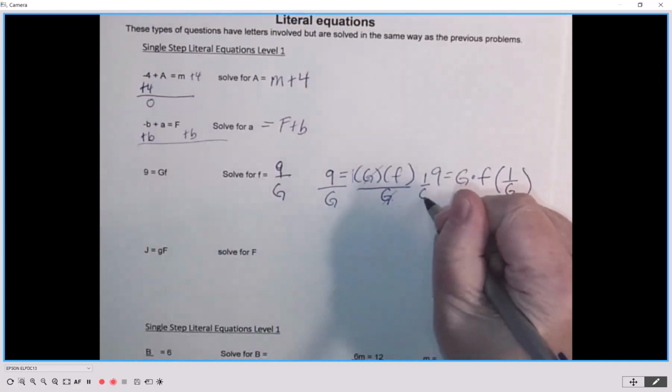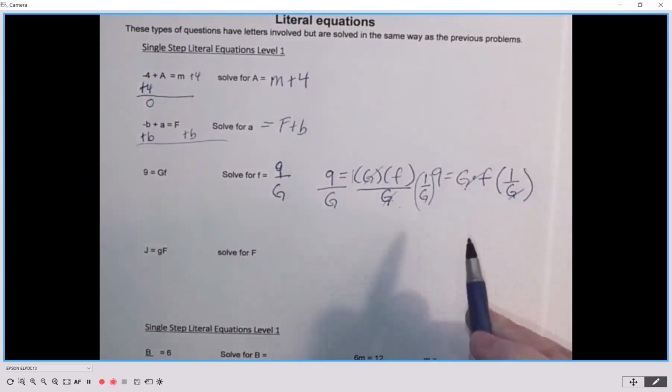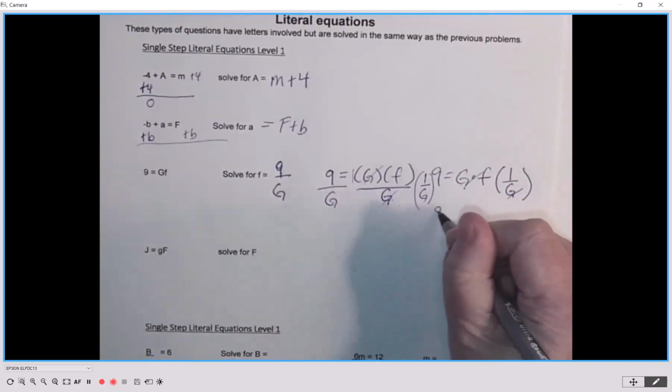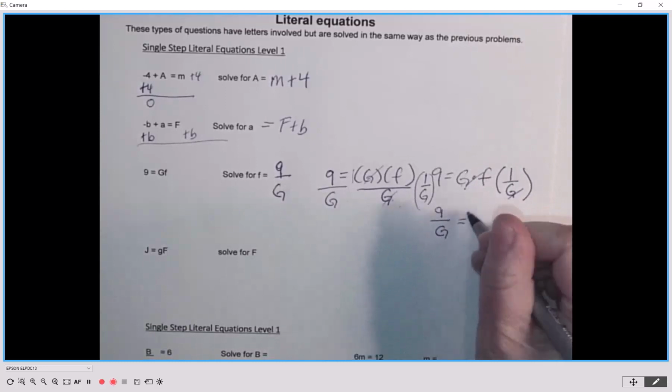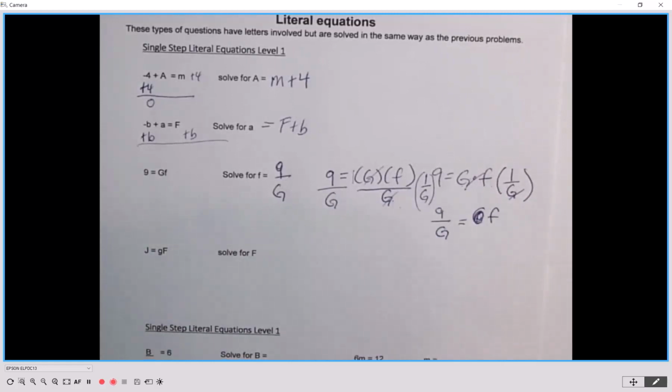So I do the same to this side, 1 over g. And then those g's cancel out. 9 times 1 is 9 over g is equal to, I'm sorry, f times 1. And there's that answer for that. So either I immediately divided it by g, which is essentially what I'm doing here. It's the same thing. You decide which method works for you.